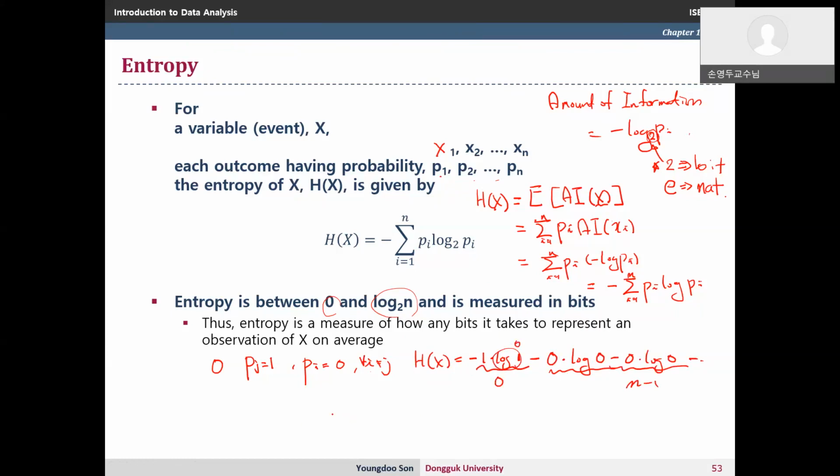And for the 0 multiplied by log 0, we can get this value by taking the limit of epsilon log epsilon as epsilon goes to 0.